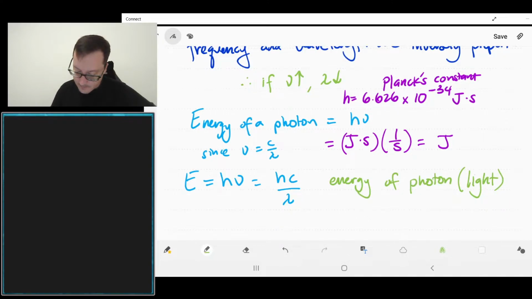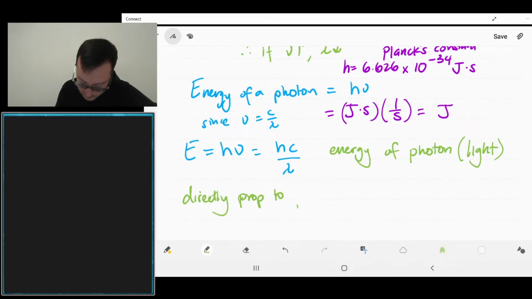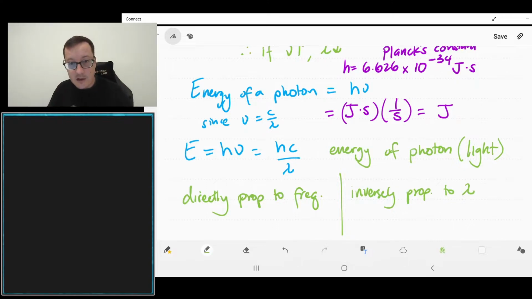So we're going to see that it is directly proportional to frequency and inversely proportional to wavelength. So as your frequency goes up, your energy goes up. As your wavelength goes up, your energy goes down.